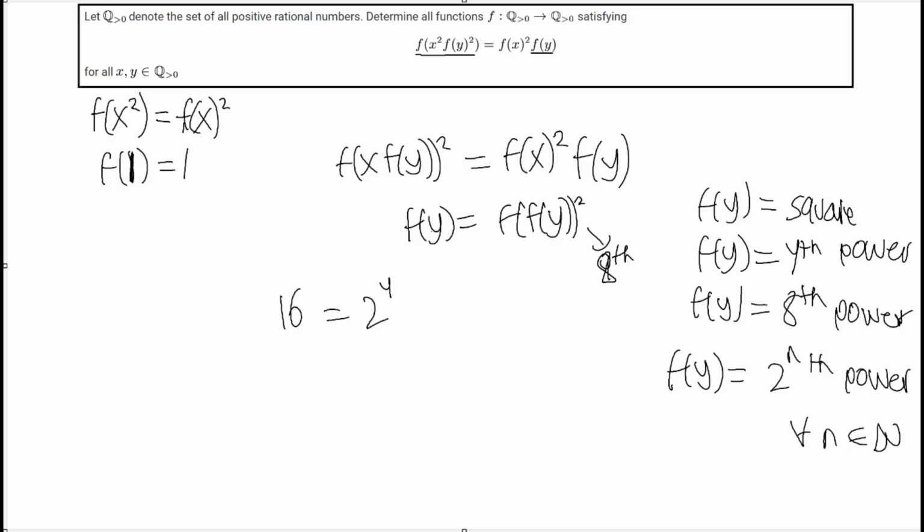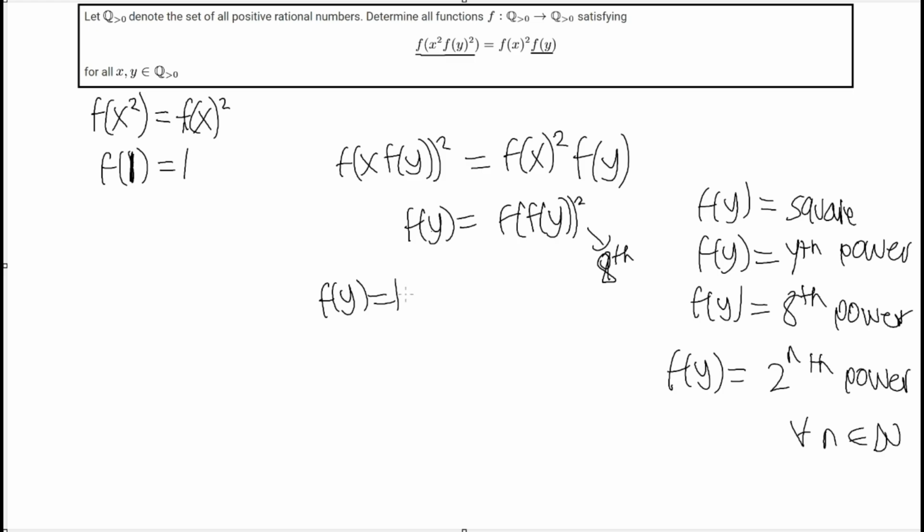But it is not an eighth power because it is square root 2 to the power of 8, and this is not a rational number. So we can't continue this forever. And the only way we can have this happen is if f of y equals 1. Because then 1 is always a 2 to the nth power, because 1 to the power of 2 to the n is 1.